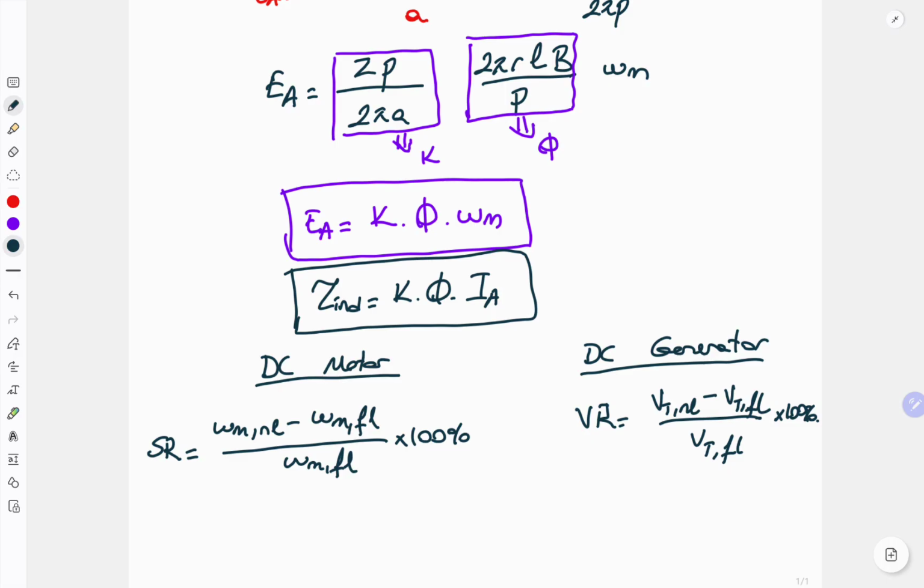Okay, so let's talk about the excitation types. In the DC machines, excitation types are classified according to armature and the field side connections. So because of this, let's start with the equivalent circuit of the DC machine.